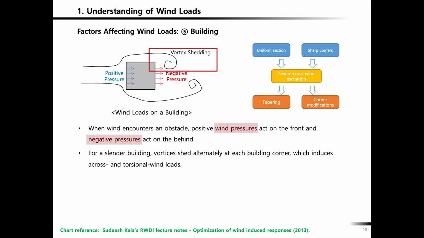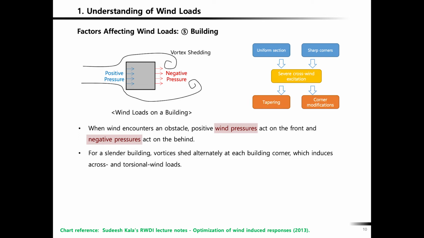That way, you are actually shaking this building in the direction perpendicular to the along-wind direction. That is called a crosswind load. And also, because it's not symmetric, you get a push on one side by this vortex shedding, and then right after that, you have a force on the other side.